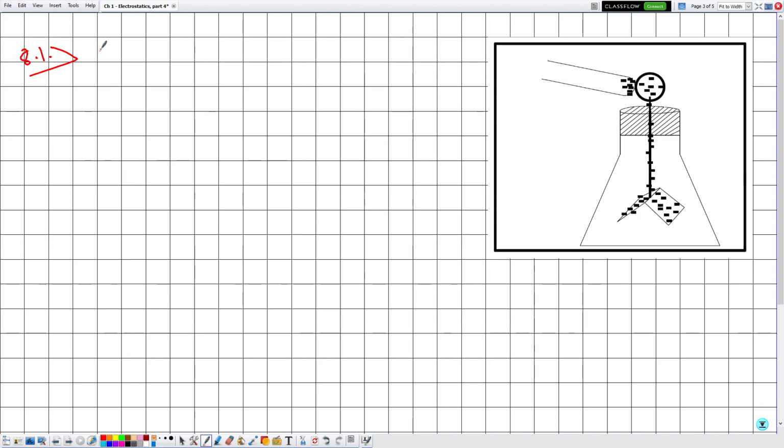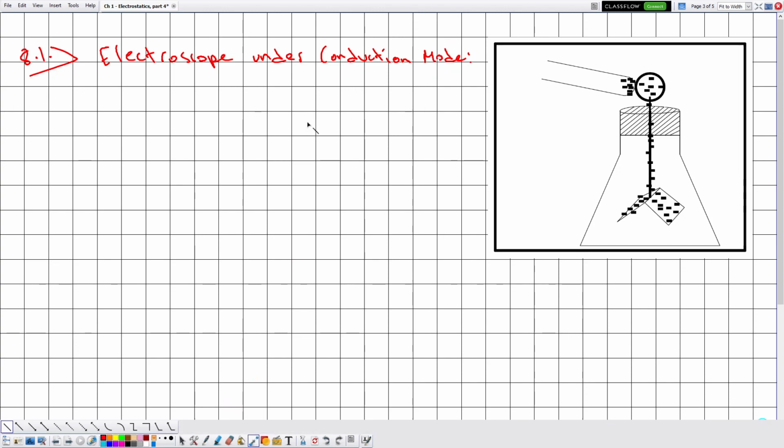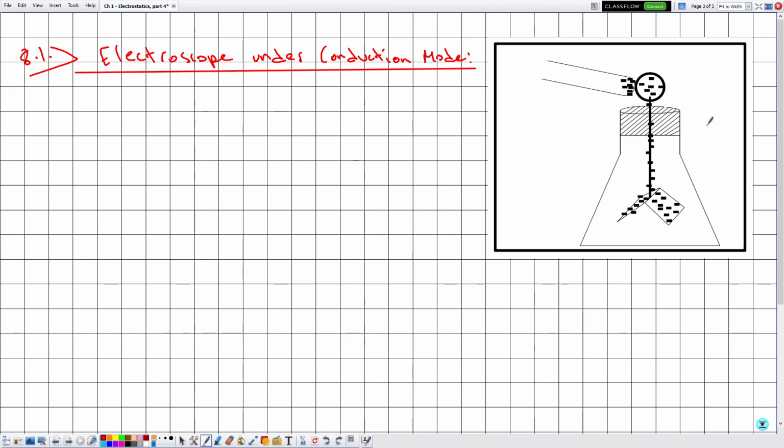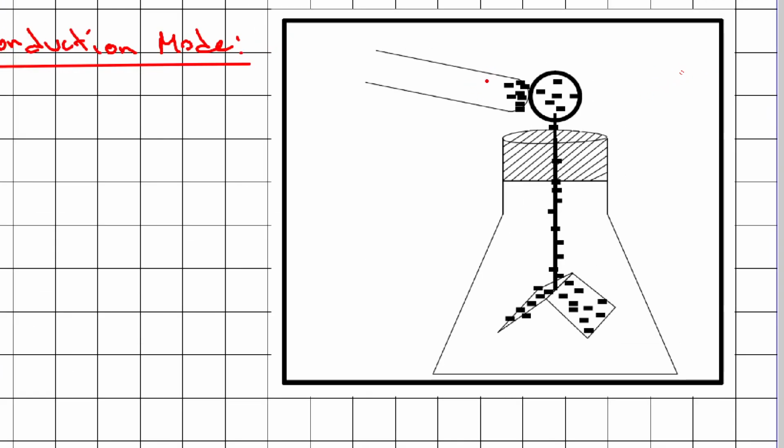or let me say 8.1, the electroscope under conduction mode. And now what's gonna happen is the following: a negatively charged ebonite rod will be brought in contact with the knob.